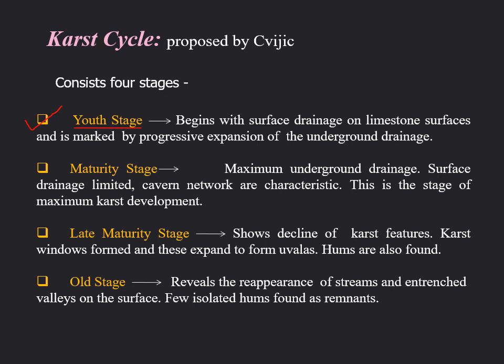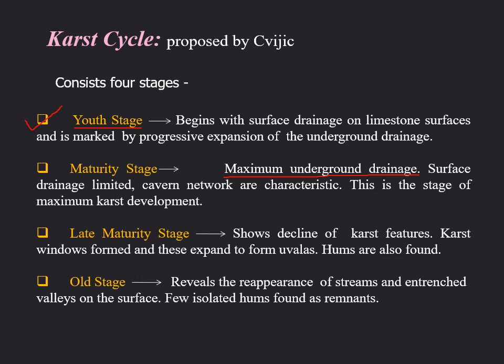In the second stage, that is the maturity stage, the superficial streams go underground. So maximum underground drainage is found in this stage. The surface drainage is very limited and often they end or disappear in the sinkholes or sinking creeks, producing some blind valleys or dry valleys.